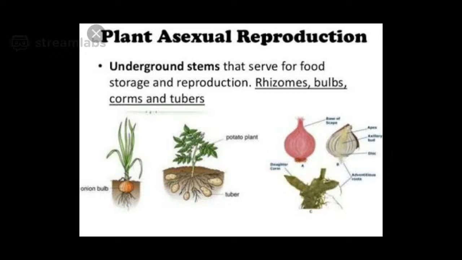Onion is good example for the bulbs. Rhizomes is other mode where the plants are easily propagated by the rhizomes. Heliconia, beautiful heliconias will propagate by the rhizomes.